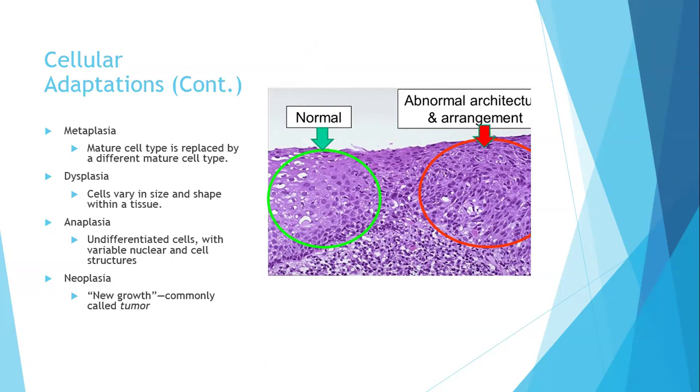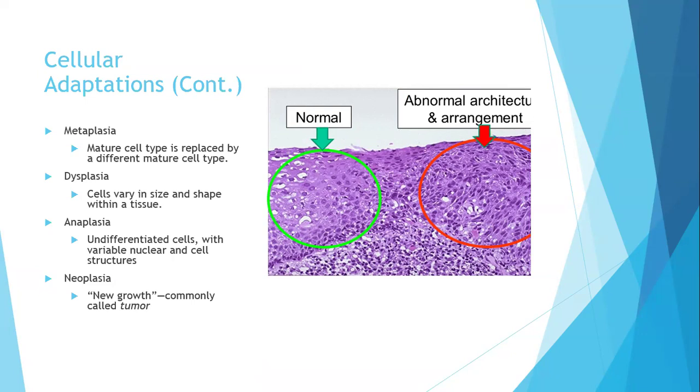Anaplasia is undifferentiated cells with variable nuclear and cell structures. Most cells have their normal nucleus and their little cellular mechanisms, mitochondria and endoplasmic reticulum and all that cool stuff you learned about in biology. But with dysplastic cells, there might be something wrong with them.